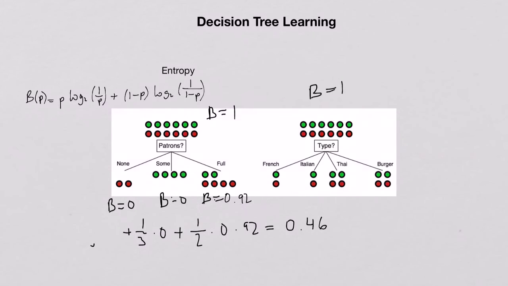So 0.46 is the information that we have after we split on this variable.